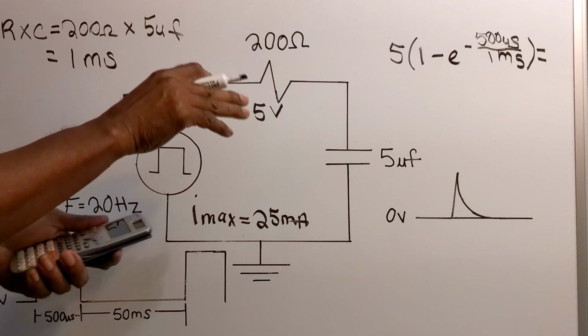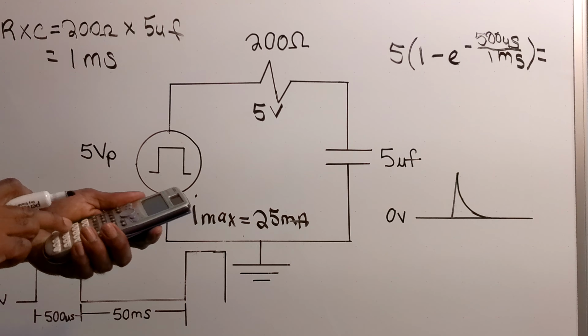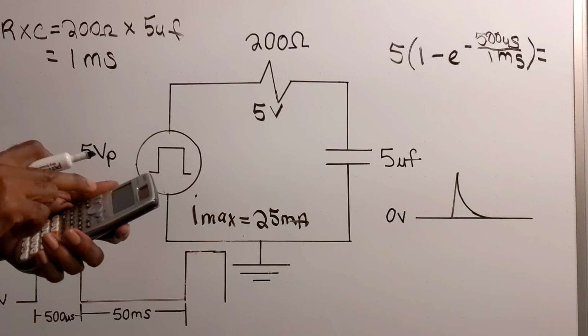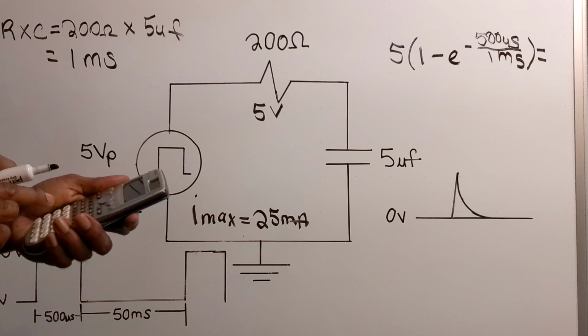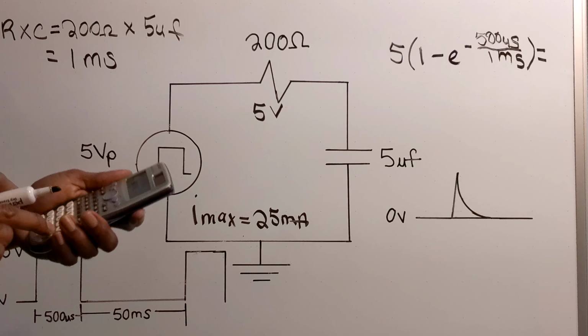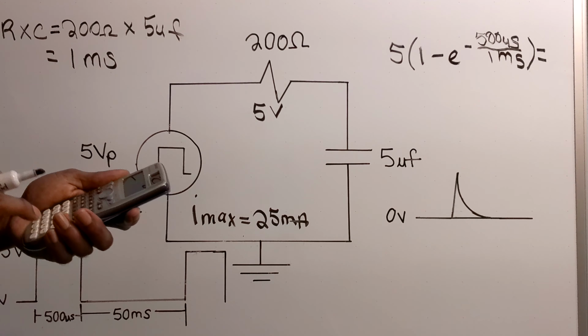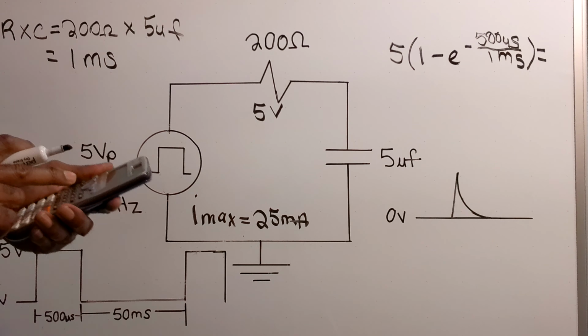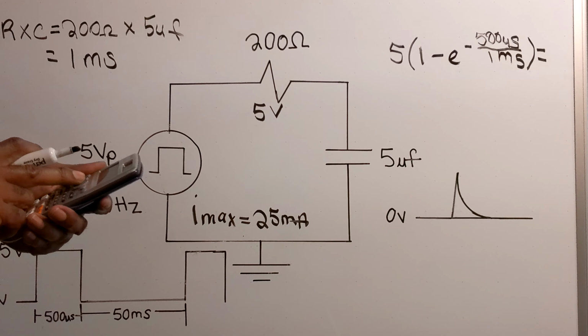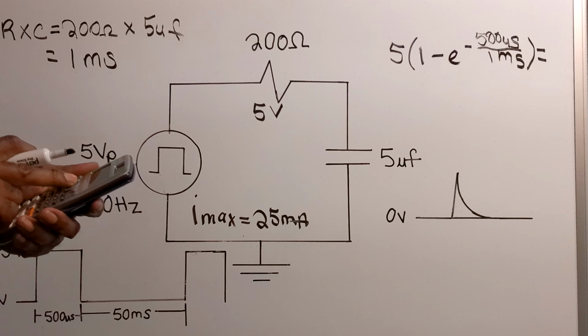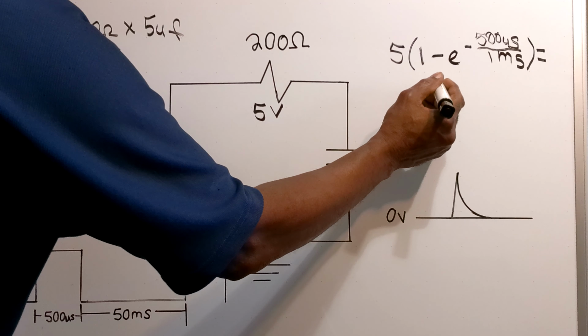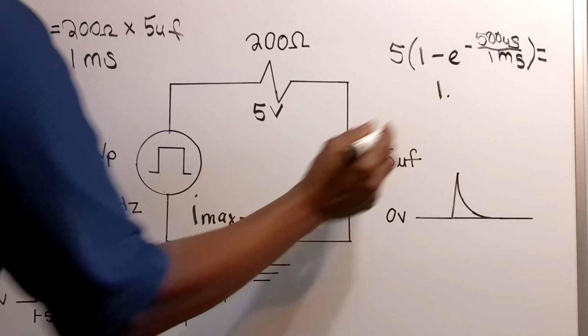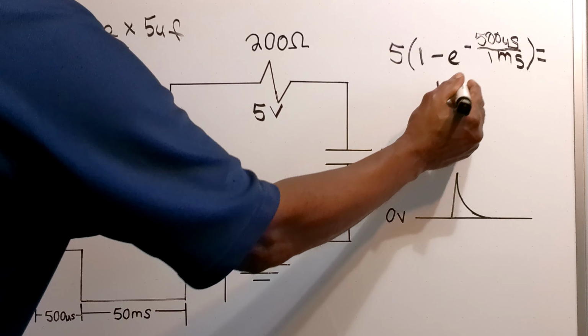And I plug this formula into my Casio, and I get a peak voltage across my capacitor of 1.96 volts.